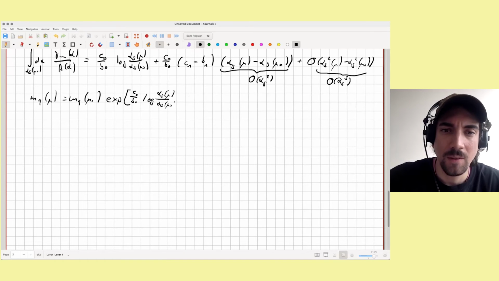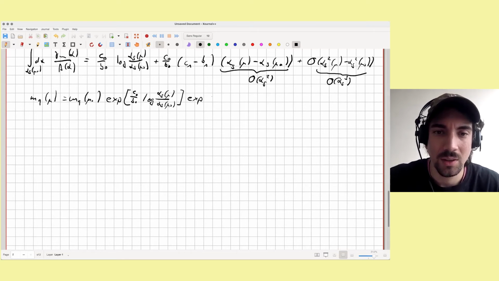So what I'm doing here now is I'm already splitting the exponential into two parts, and you will see in a moment why this comes in handy.